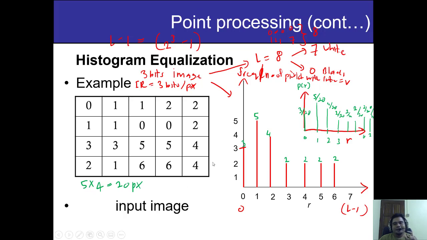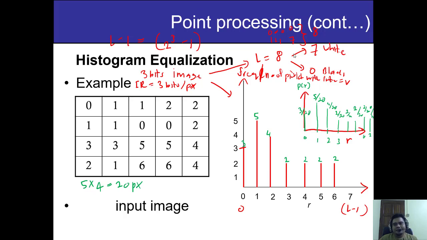So in other words, in order to generate the probability distribution function, you are required to get the histogram of the image, because by having the histogram of the image, you can obtain the frequency, and from the frequency you can generate the probability distribution function. In other words, I also call the probability distribution function the normalized histogram.